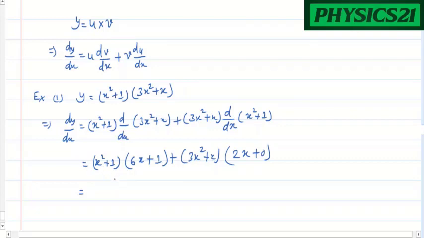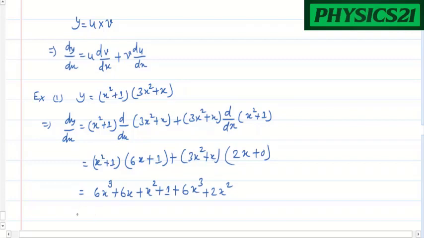There is 6x cube plus 6x plus 3x square plus 1... plus 6x cube plus 2x square.